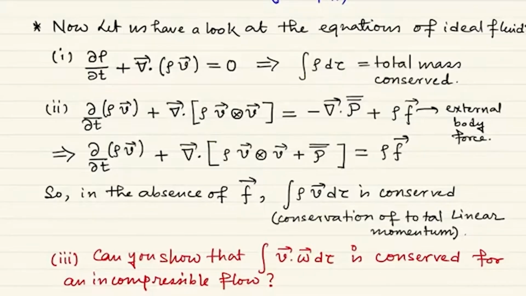So the same type of thing: you have to show that the evolution equation of the density, ∂/∂t of v·ω, whether this can be written as a divergence of something or not. So that is something very interesting. You can try it at home.